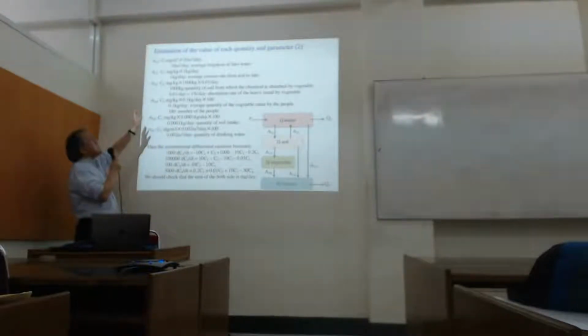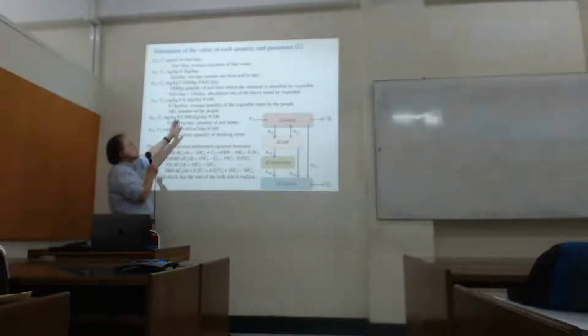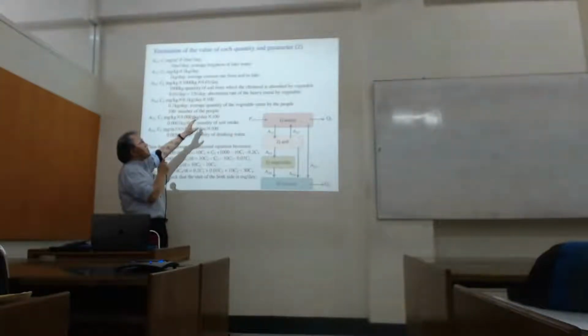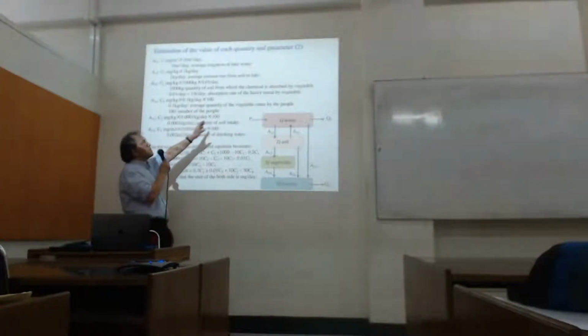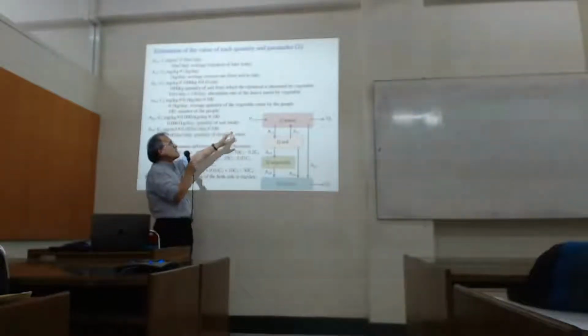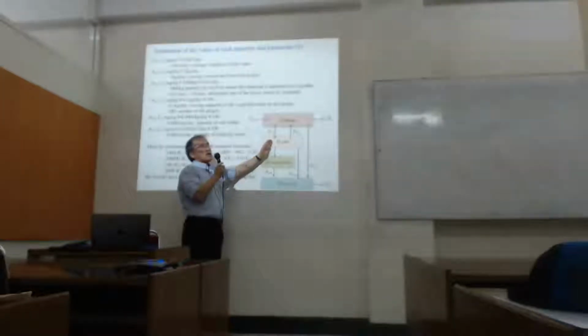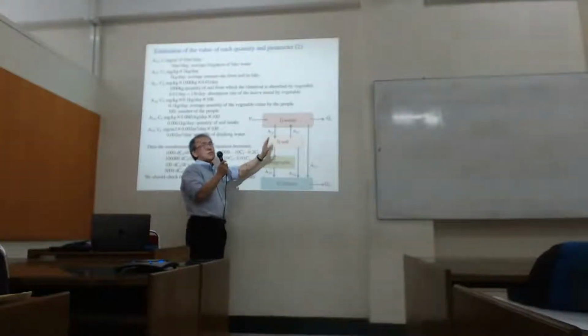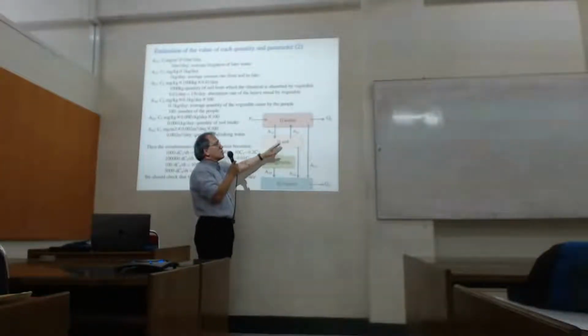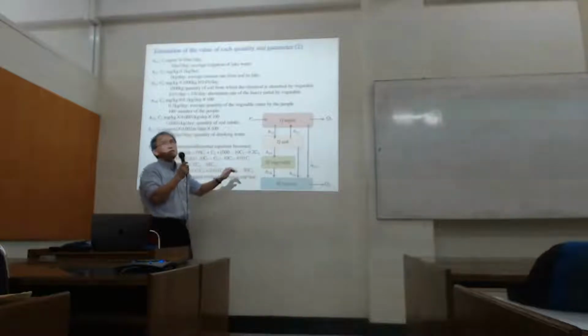Anyway, it's the total amount of pollutant in soil. And 0.01 per day means 1% per day. So the absorption rate of the heavy metals by vegetables is 1% per day. It means 1% of the total amount of heavy metals in soil is absorbed by the vegetables every day.